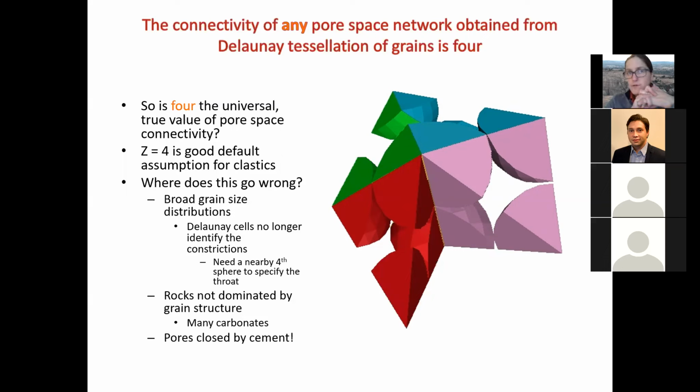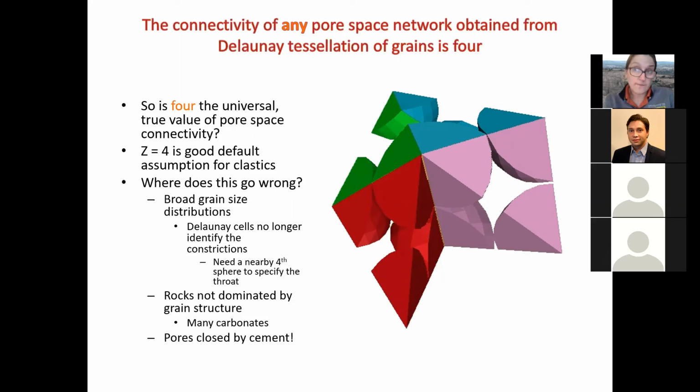The actual calculations are simple as well. So that part works. The problem is estimating actual grain sizes and getting those grain sizes right. And does the Delaunay tessellation work well when I have a very variable grain size? It does not necessarily have to work well.